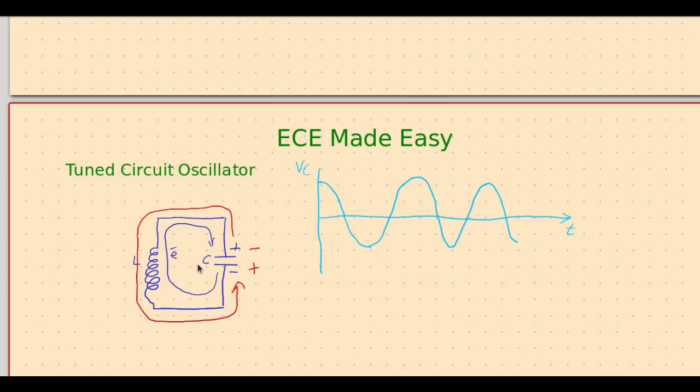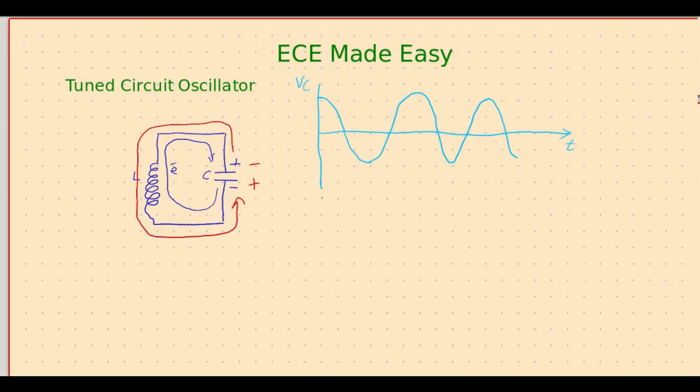But the circuit cannot be lossless because a wire is used to create the inductance, and there can be a lossy dielectric in the capacitor, because of which the output keeps decaying. It starts with full amplitude, and then with time it reduces its magnitude.